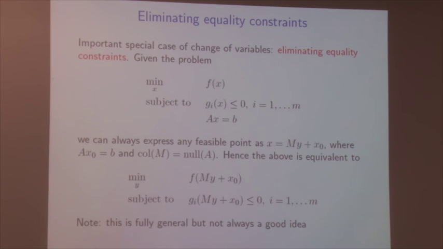So if I let x equal My plus x naught, where x naught is another point from the feasible set, I know that AMy plus x naught equals b. If I let this be from the feasible set, then what I have is AMy plus Ax naught, which is b.